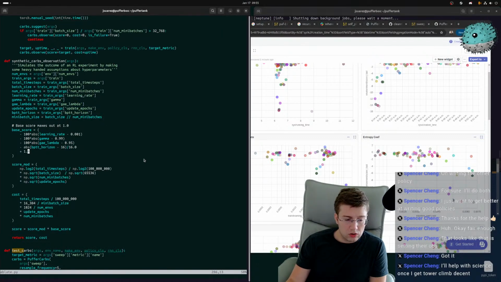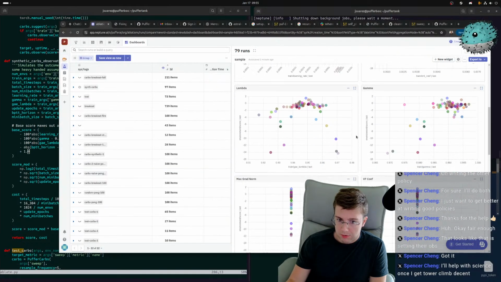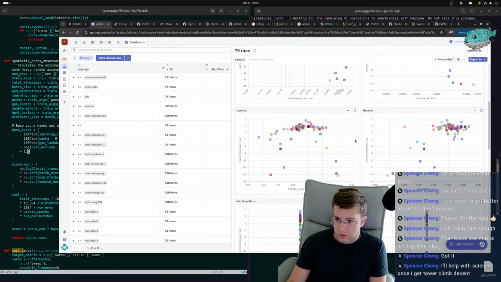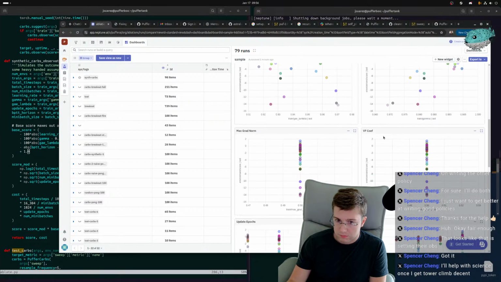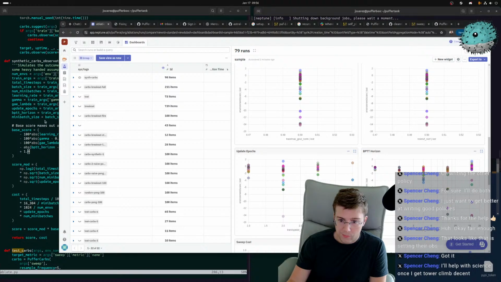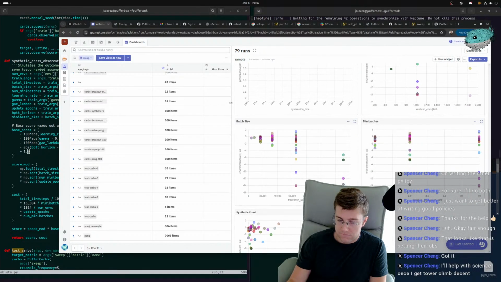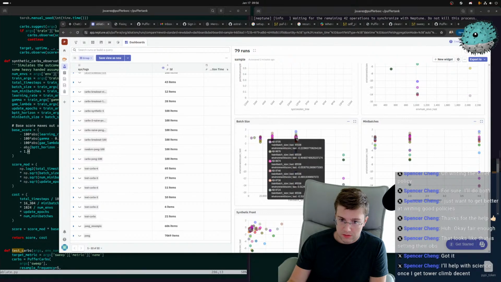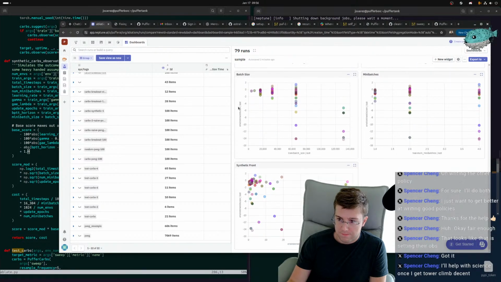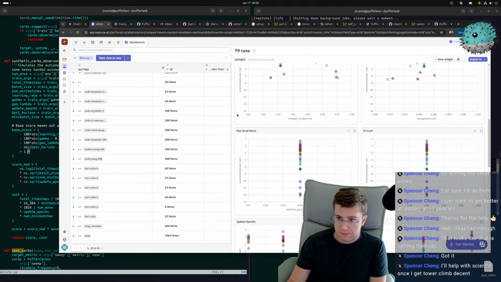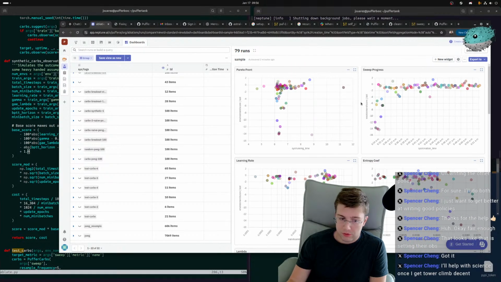So you got the wrong learning rate. And gamma should be 0.99. Okay, this is where gamma is. It's like using all the variables here, but environment score.